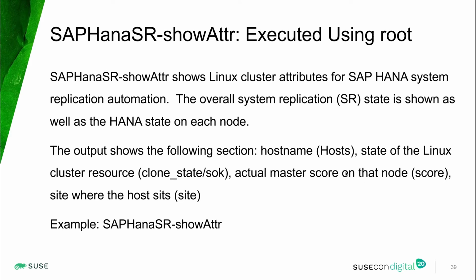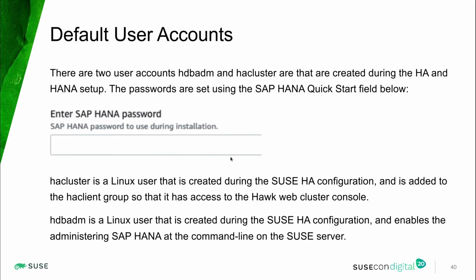The SAPHanaSR-showAttr command shows Linux cluster attributes for the SAP HANA System Replication. The overall system replication state is shown as well as the HANA state on each node. There are two user accounts, hdbadm and hacluster, which are created during the HA and HANA setup. The passwords are set using the SAP HANA Quick Start fields shown in this slide.